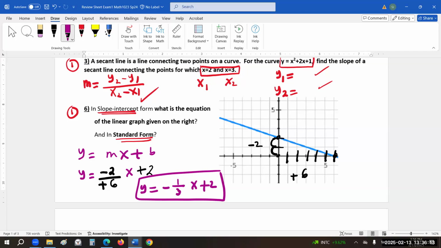So anytime you don't see something, keep walking until you see a visible point that has a whole number x and a whole number y. You definitely cannot pick this one, because even though x is 1, we don't know exactly how much y is. Y is a fraction. You have to follow your direction from here to here.